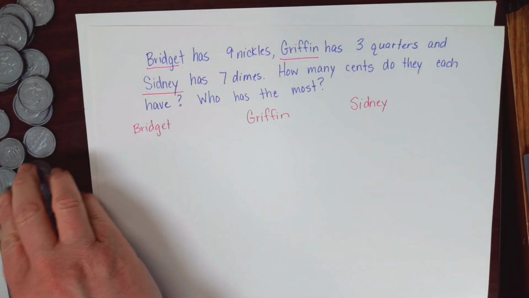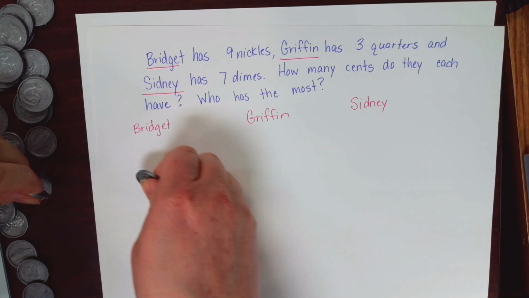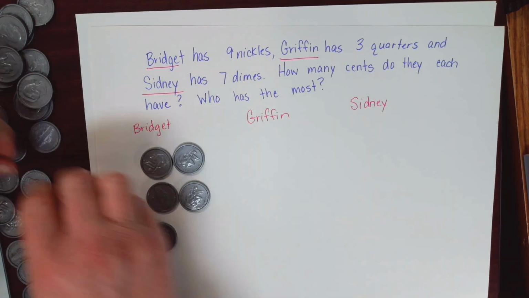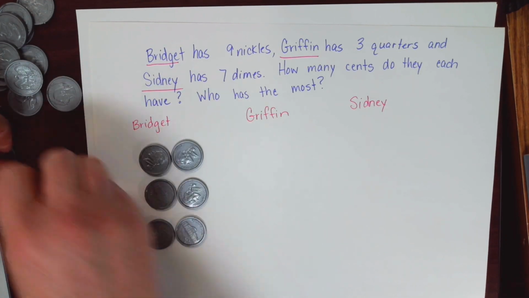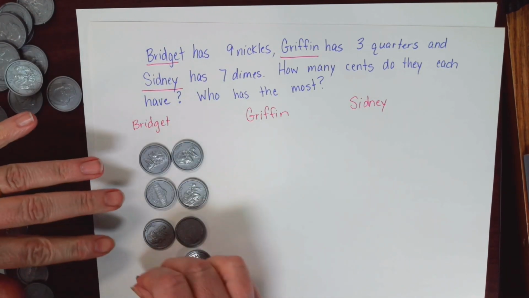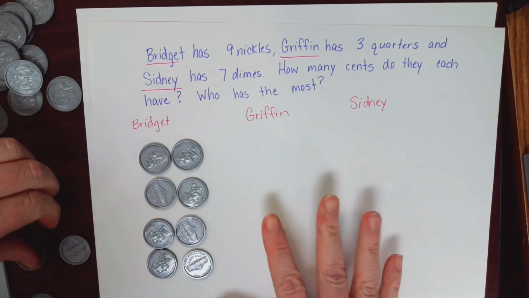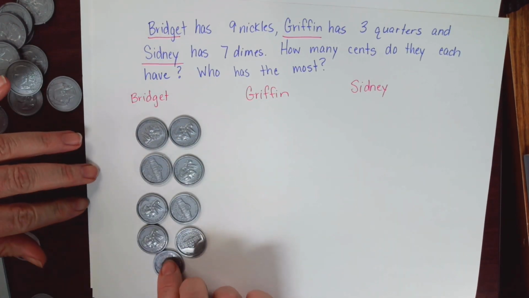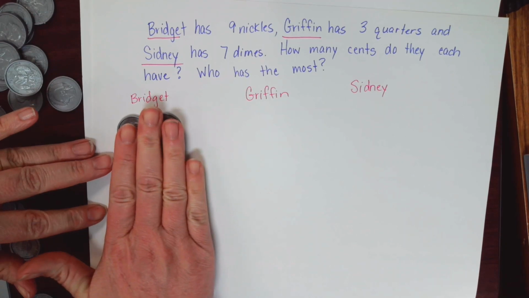And so Bridget has 9 nickels. So 1 nickel, 2 nickels, 3 nickels, 4 nickels, 5 nickels, 6 nickels, 7, 8, 9. 9 nickels. Okay, that's how many Bridget has.